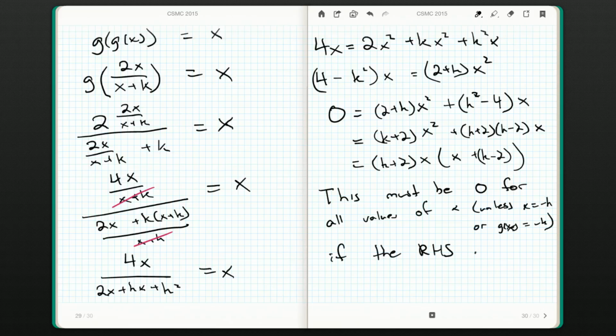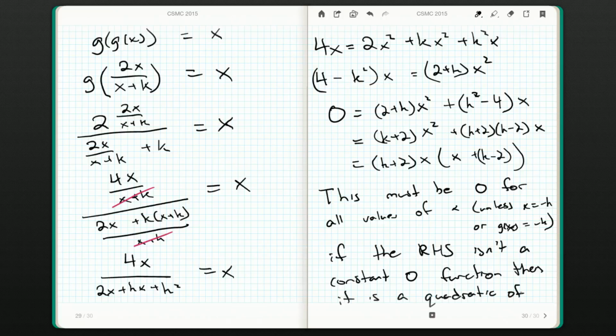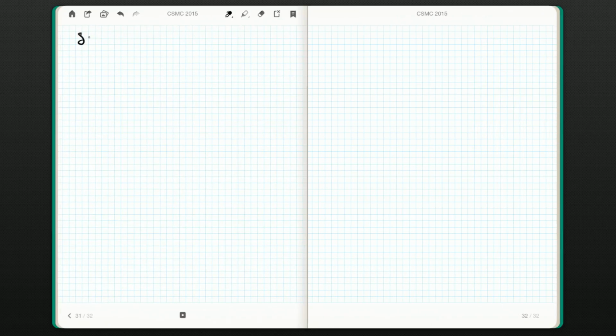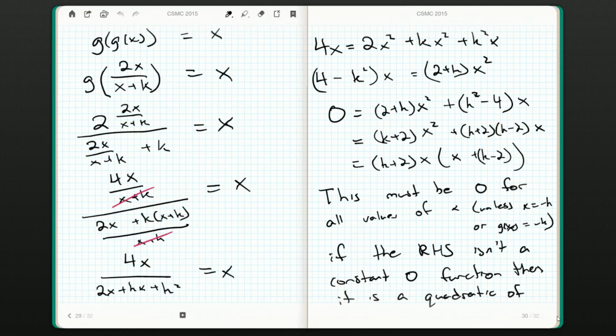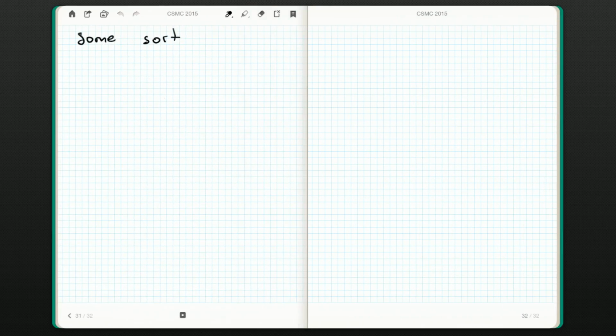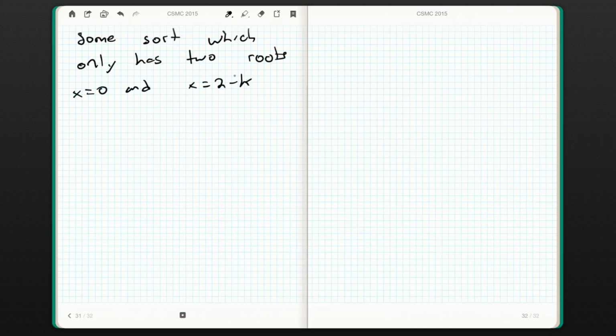If the right-hand side isn't a constant 0 function, then it is a quadratic of some sort, which only has 2 roots: x equals 0 and x equals 2 minus k.